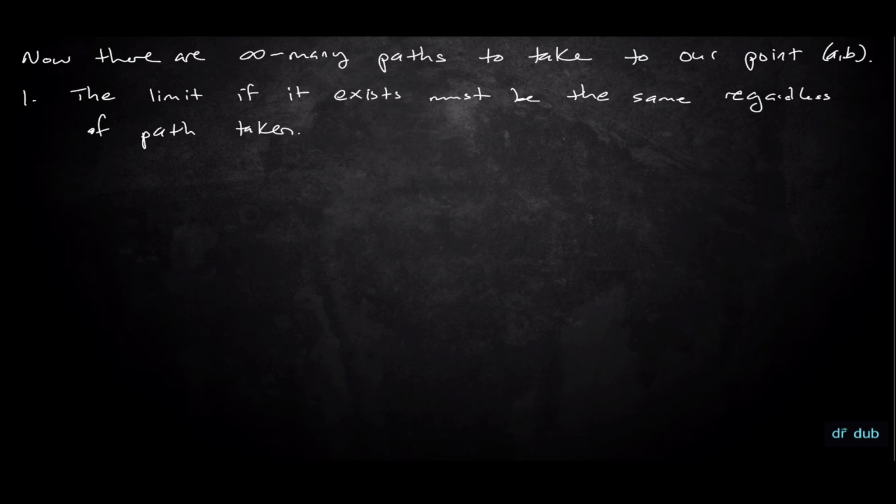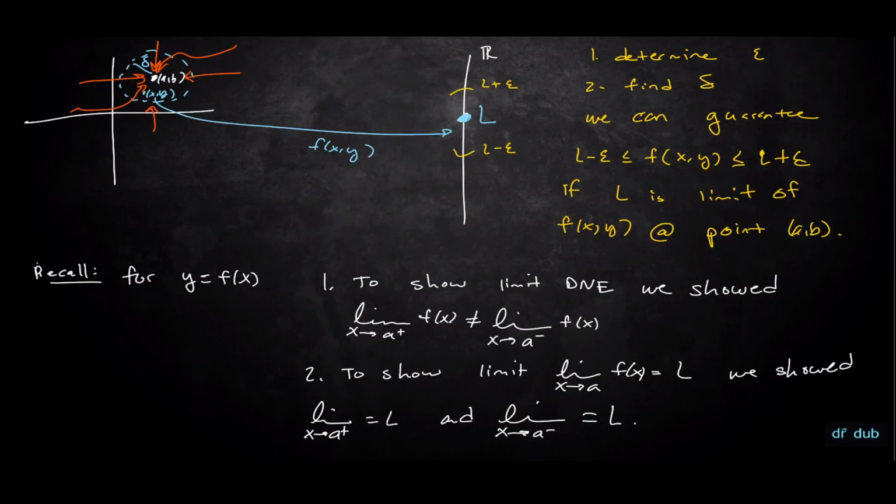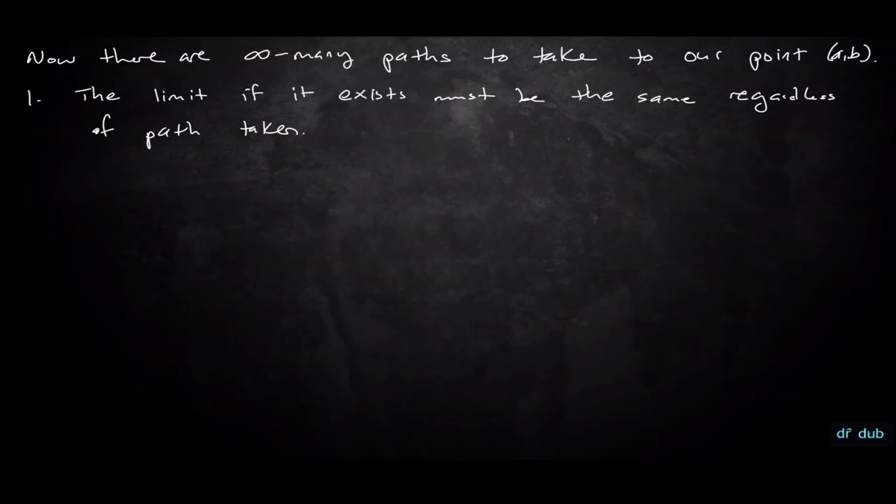So that makes sense, right? That was kind of like the first thing we said over here. To show the limit did not exist, we showed that the paths gave different answers. Well, that's what we're going to do here.